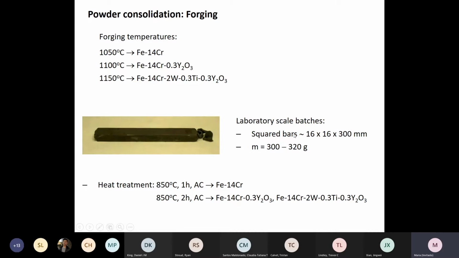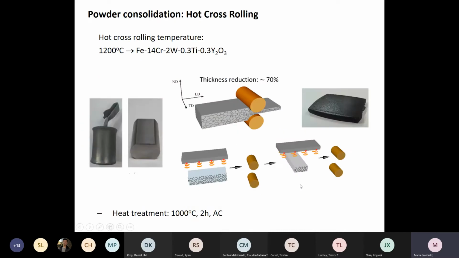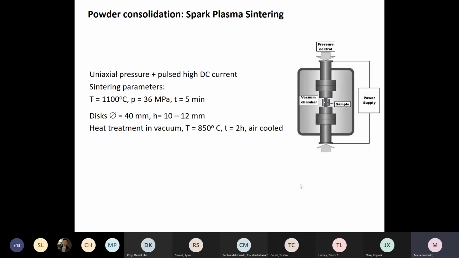We obtained laboratory scale batches that we later submitted to a heat treatment to release any stress. We also attempted the hot cross rolling process, in which we reached a thickness reduction of 70% from the can, similar to what I showed before, and we also subjected it to a heat treatment.